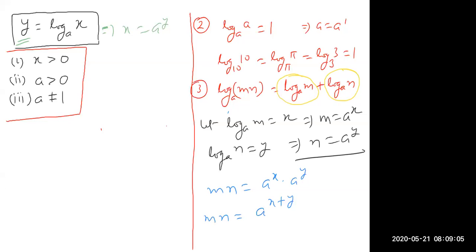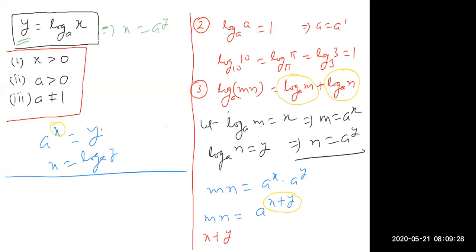Now what was the property? A raised to power x is equal to y, then converting in log, x is equal to log a y. This you have to remember. This index comes in the front. So this I want to convert in log. So this is the index, this will come in the front. That means next step I can write here x plus y is equal to log a mn.